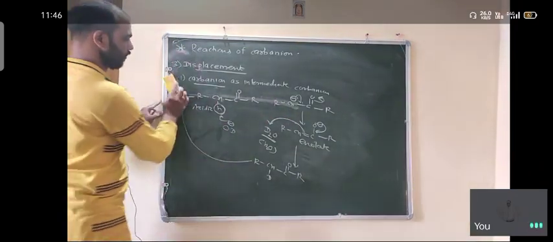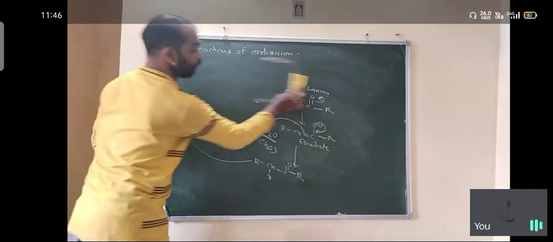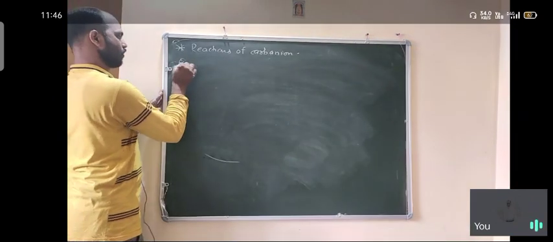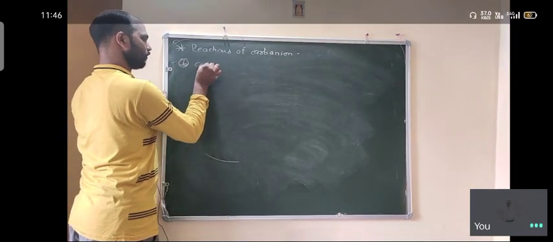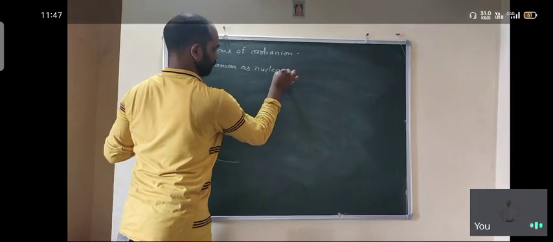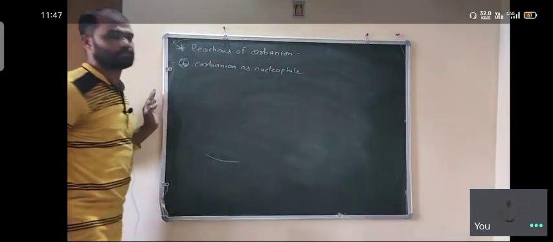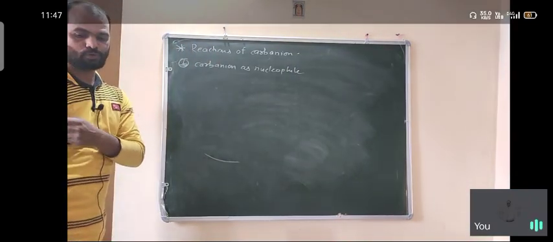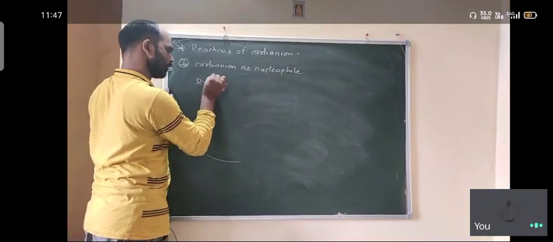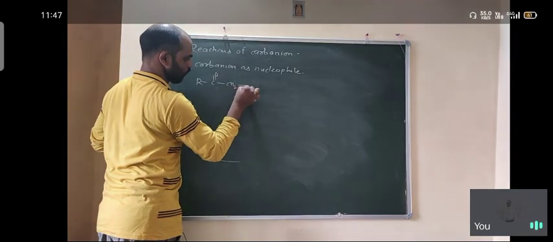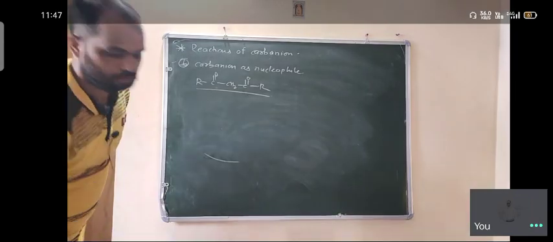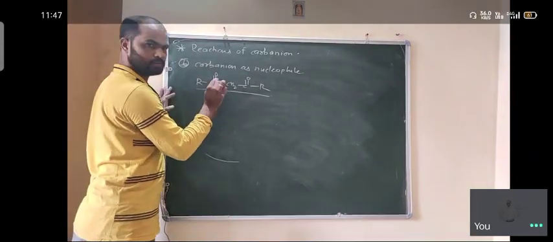In the second case, we are going to discuss carbanion as a nucleophile. So it is the B type, carbanion as a nucleophile. For that we consider an example. Suppose R C double bond O CH2 C double bond O R, or sometimes just think of this skeleton.